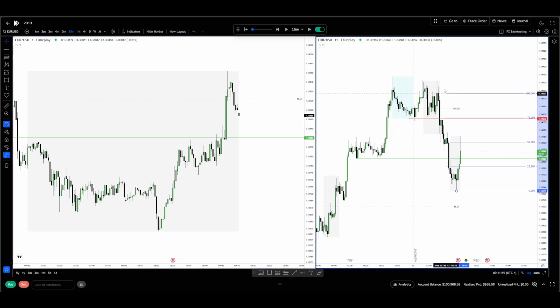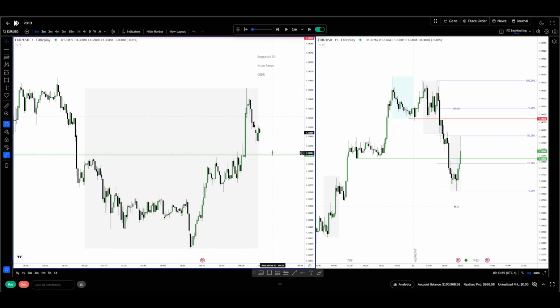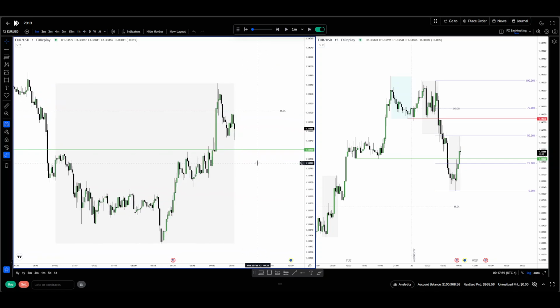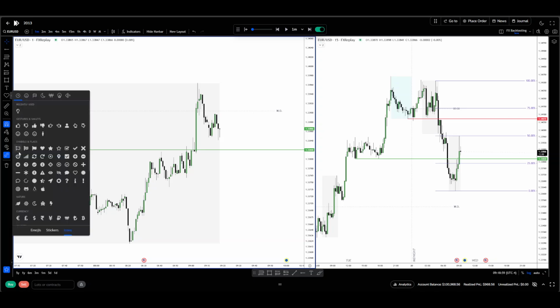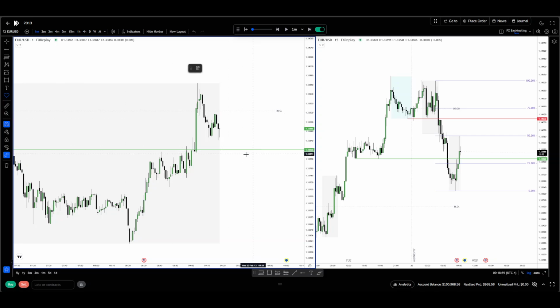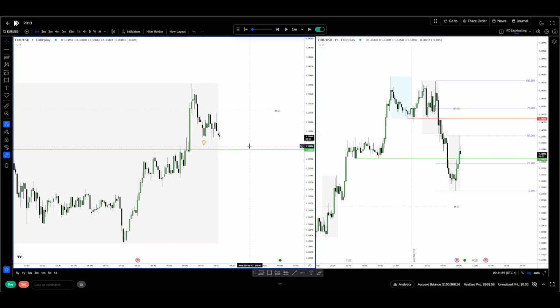And maybe if you measure the move from here to there, you're not touching equilibrium there, because a full candle is at this order block right now. Yeah, so I'm looking for this low to break with speed. This is nice price action.